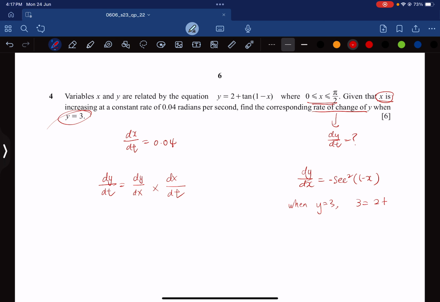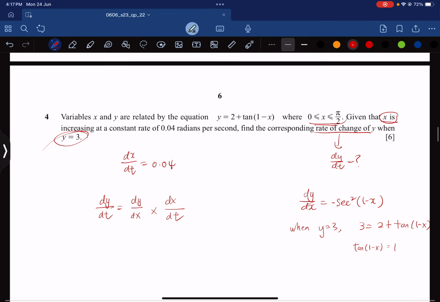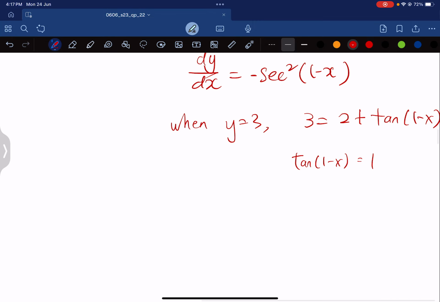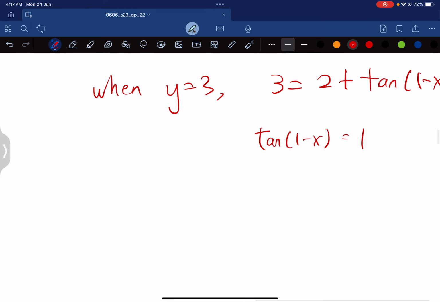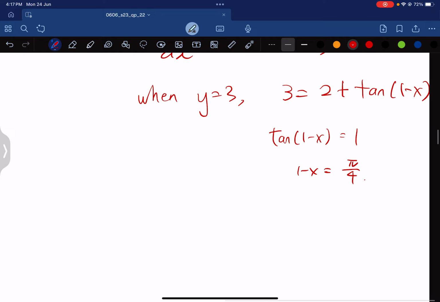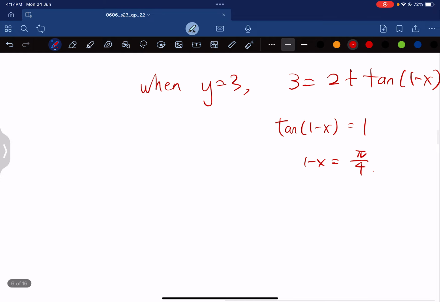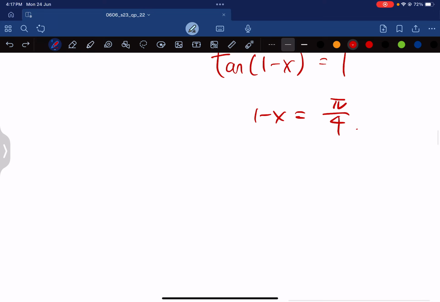3 equals 2 plus tangent(1 minus x), so tangent(1 minus x) should be 1. Tangent in the first quadrant is pi over 4, so 1 minus x should be pi over 4. It could be first or third quadrant, but the question is restricted to the first quadrant, so we use the first quadrant angle.